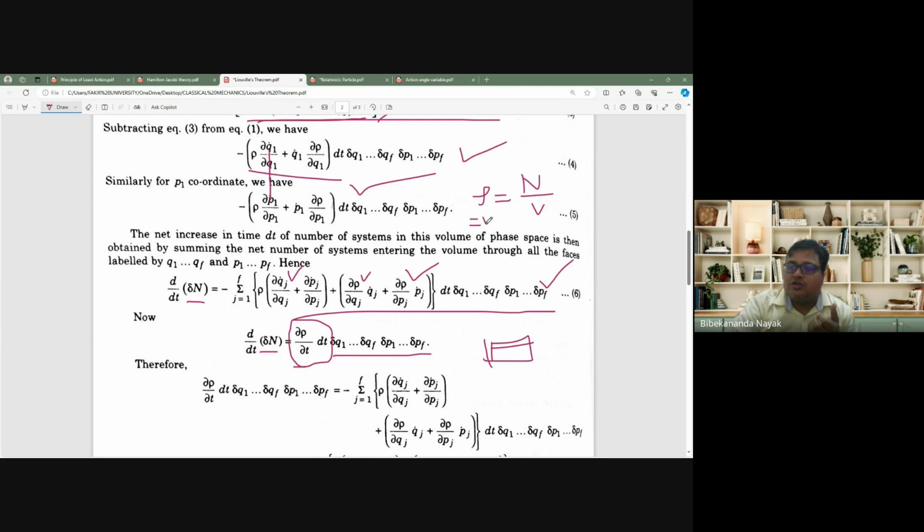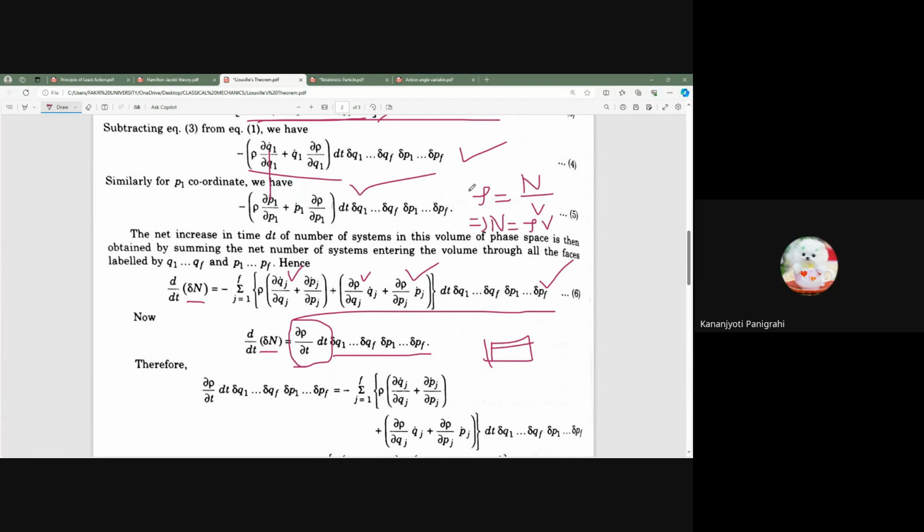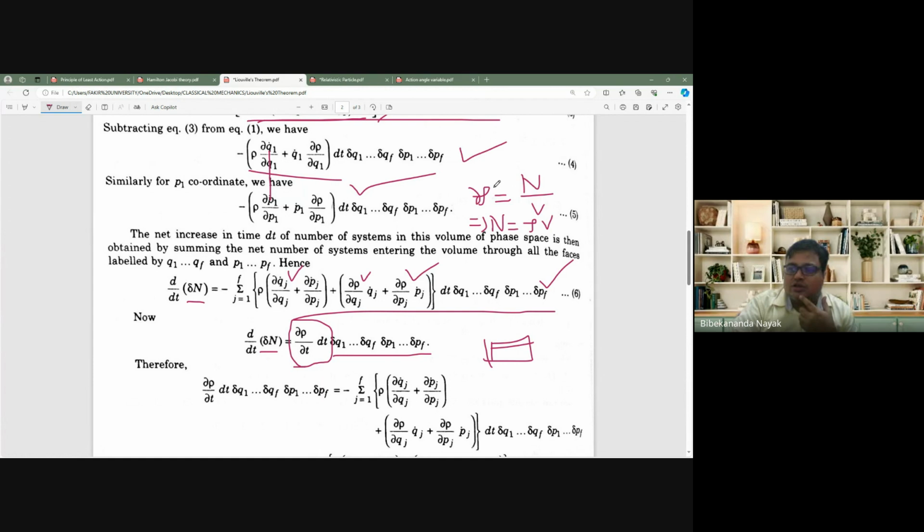From the definition, n is equal to rho into v. For a change, suppose delta rho, delta rho is delta n by v. So obviously delta n is equal to delta rho v. Okay, this is written here.